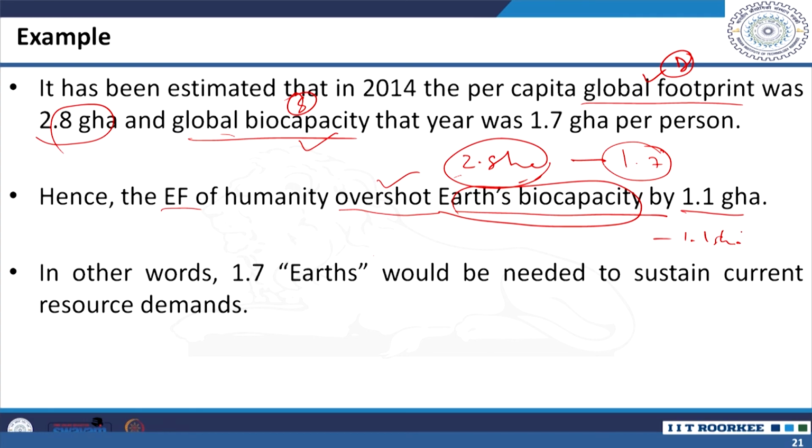The same thing can be interpreted as meaning that 1.7 Earths would be needed to sustain the current resource demand.